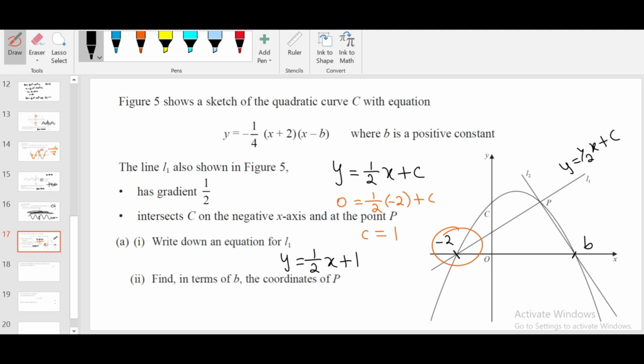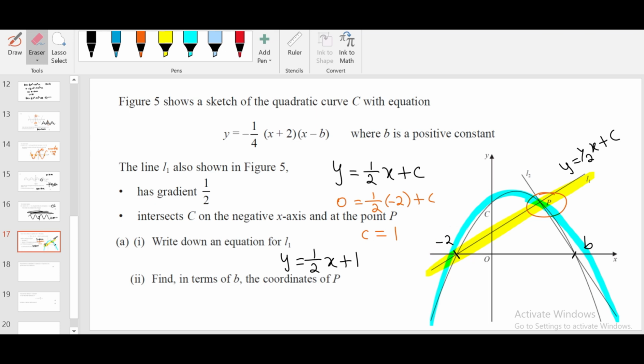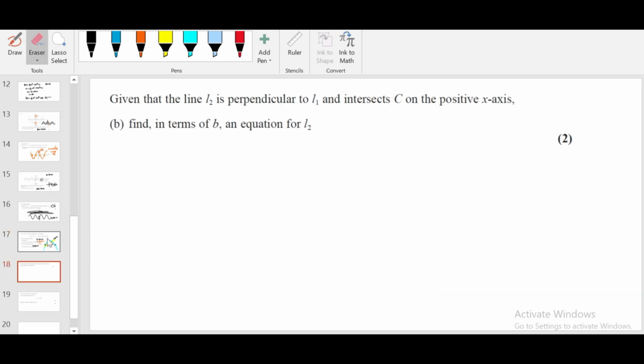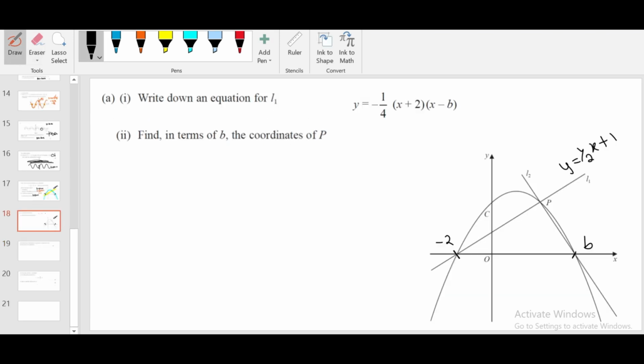It says, in terms of b, find the coordinates of P. Okay, P is basically the point of intersection of this parabola and this straight line. We know these two equations, so we can find the point of intersection by solving them.